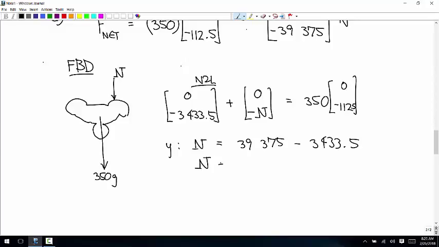And so the normal force is, what's that if you subtract? 35,941.5 newtons. And it's pointing down, or you could write that as 0, negative 35,941.